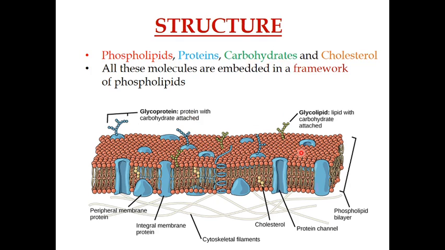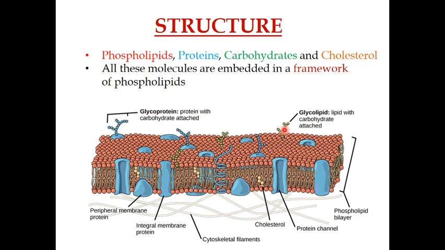The red structure whatever you see here is phospholipid, and specifically if you see this glycolipid and glycoprotein, the word glyco refers to carbohydrate. The blue structures you can see here are all proteins. Whenever a carbohydrate attaches to a protein, we call that a glycoprotein.